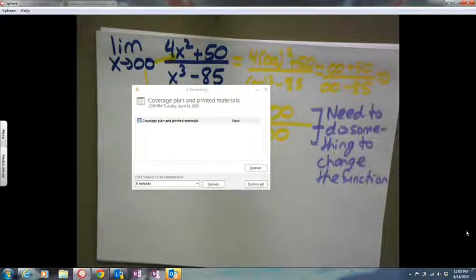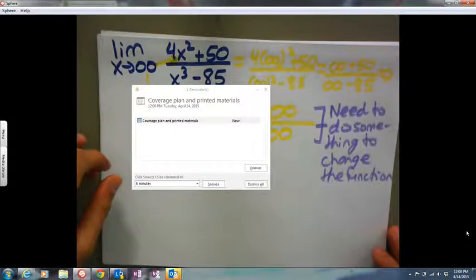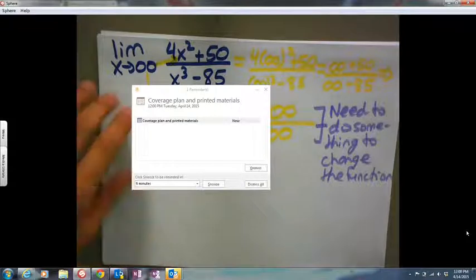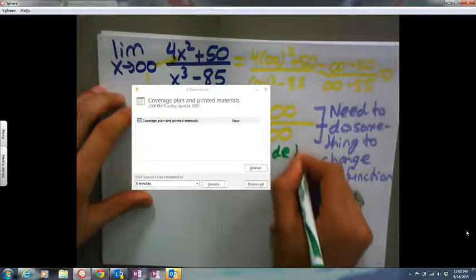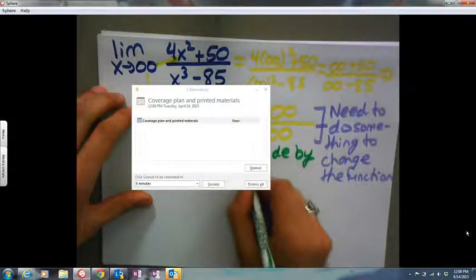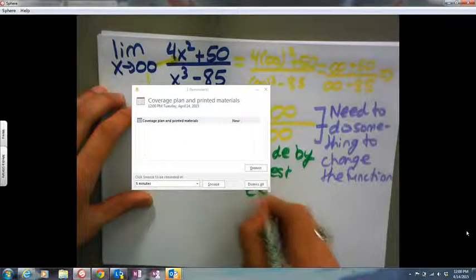Now, what do we need to do in order to solve this? What we need to do, every time, is divide by the highest exponent in the denominator.